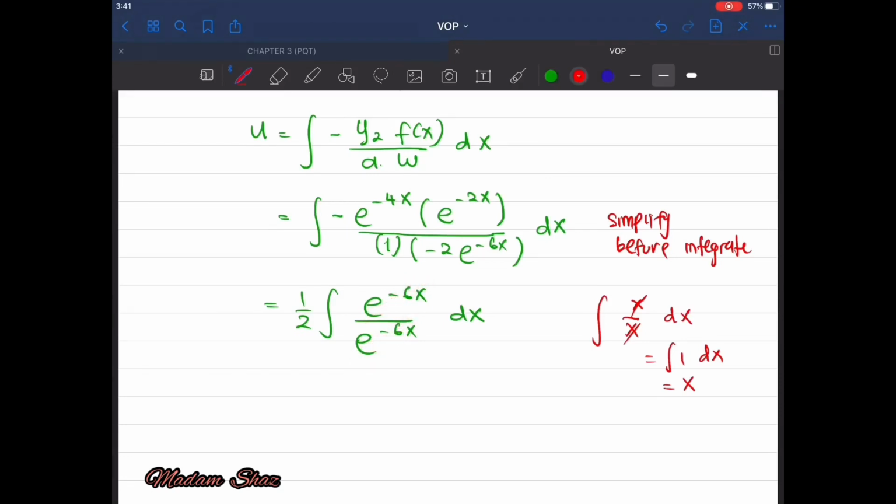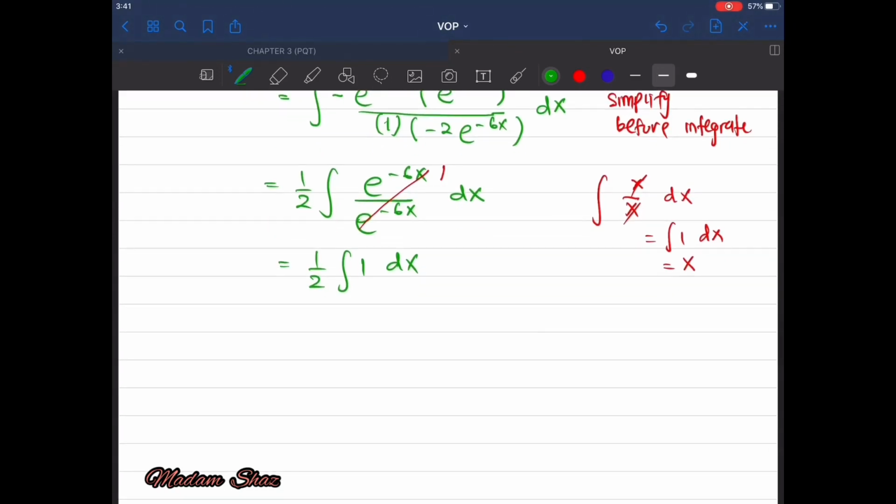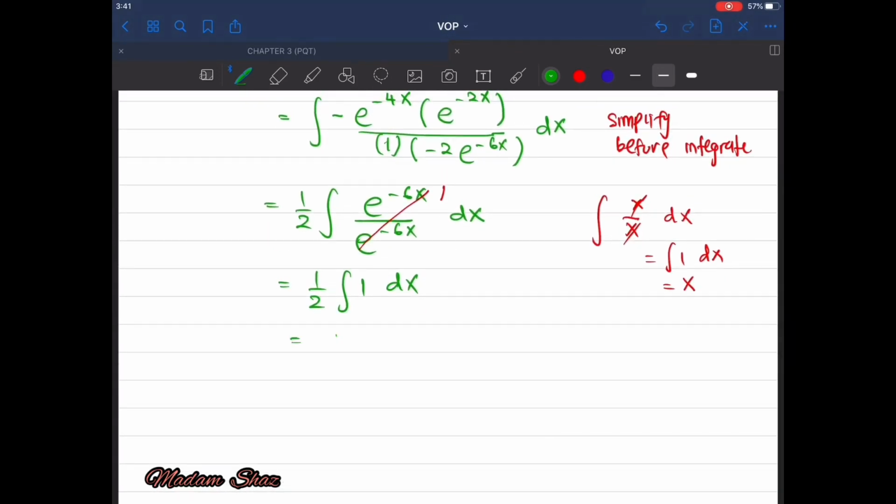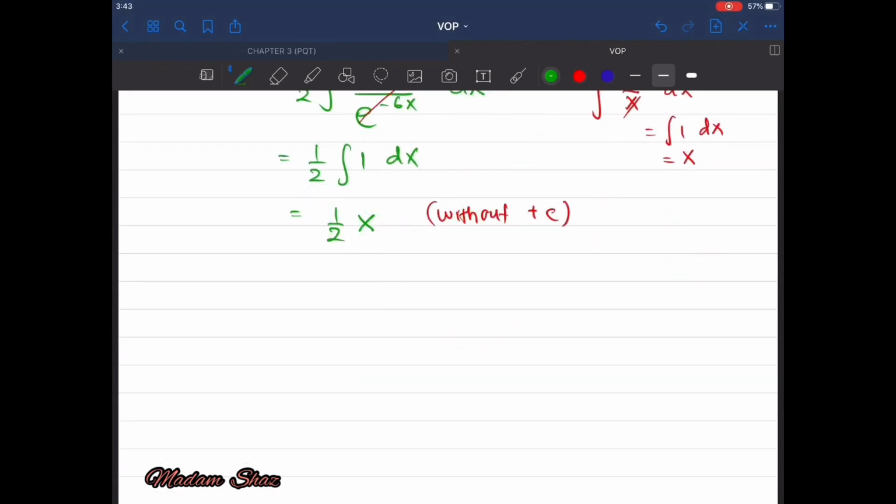This means you are integrating 1. So 1 over 2 integrate 1 dx becomes 1 over 2 x, without plus c.